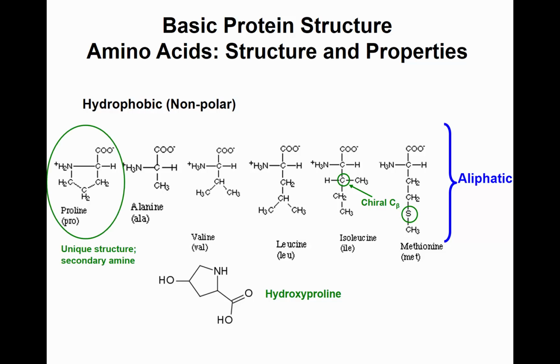And finally, I want to come to proline here. It's a very unique amino acid. It's unique in a sense. Look at its amine group here versus the amine group here and in every other amino acid. It's a secondary amine. It's not a primary amine. What does a secondary amine mean? It means that the nitrogen has two bonds.